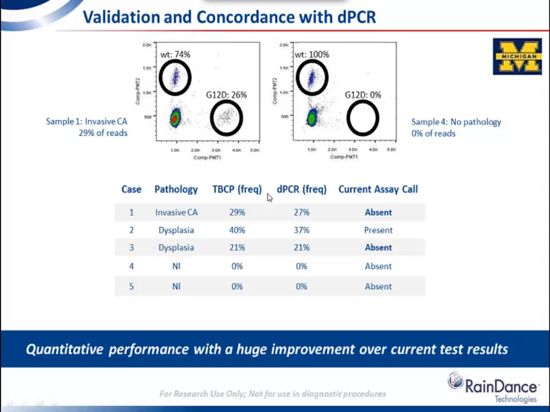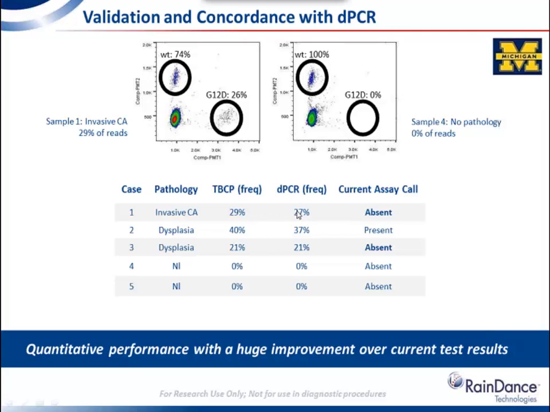The same samples were analyzed by digital PCR and compared to the ThunderBolts Cancer Panel. What you see here is that all the mutations were picked up by both technologies, and the allele frequencies once again correlate very well between the ThunderBolts Cancer Panel and the RainDrop digital PCR system.